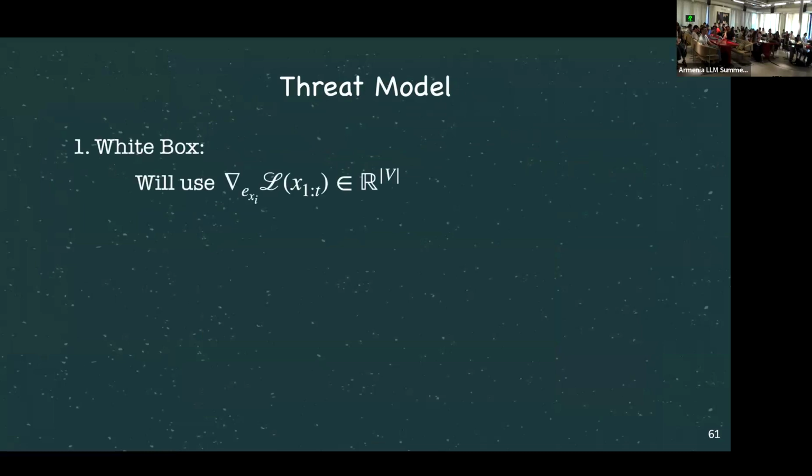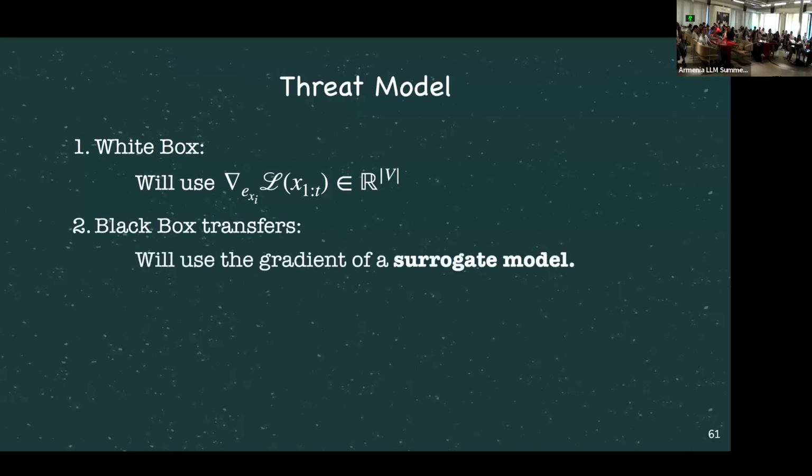This is the gradient of the loss with respect to the token. And then, once again, we can compute the attack on a surrogate model and then submit the attack to the target.